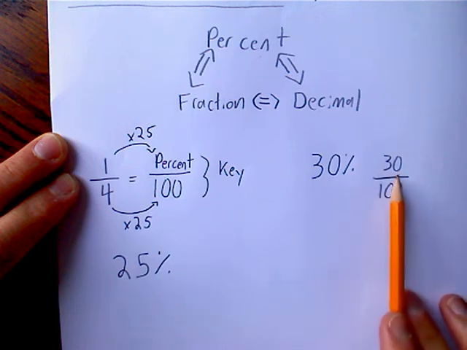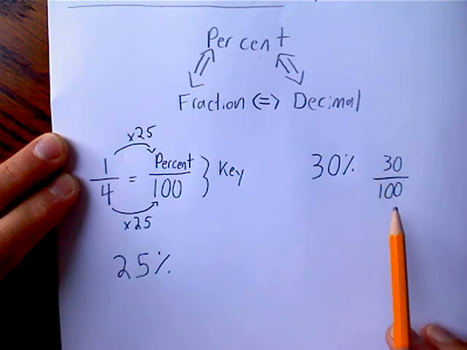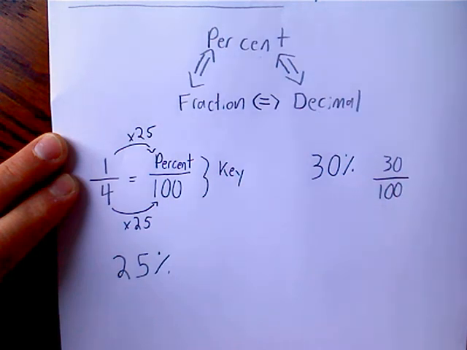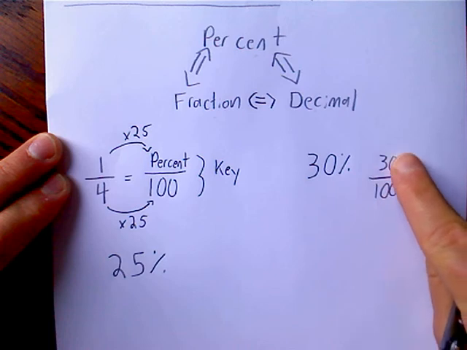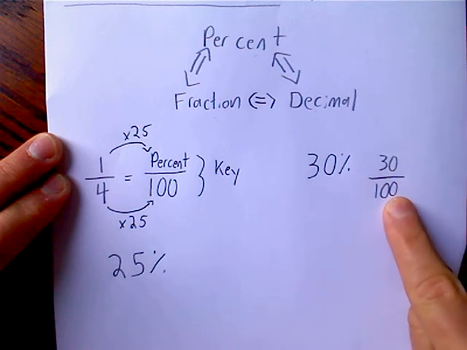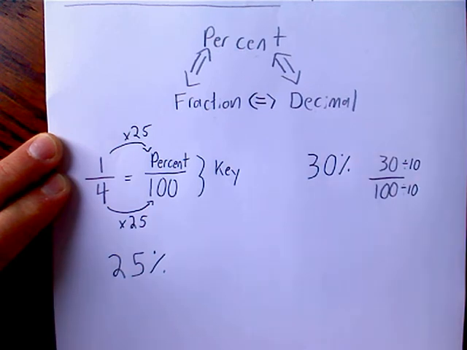But, so we've got our fraction form, that's good, but it's not totally complete. What do we need to do here? Well, I can see that I can reduce. I'm looking at the zeros over here. This ends in a 0, this ends in a 0, so that tells me that this is divisible by 10. It's not always going to be divisible by 10.